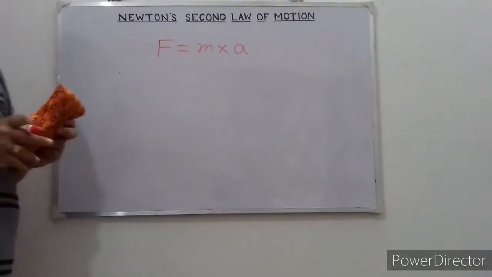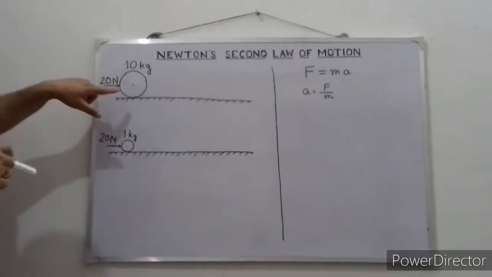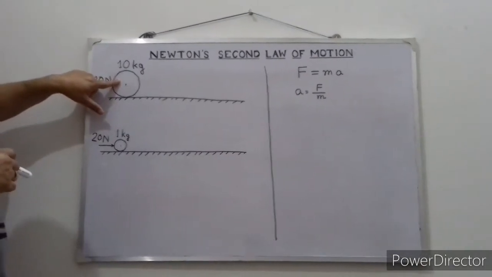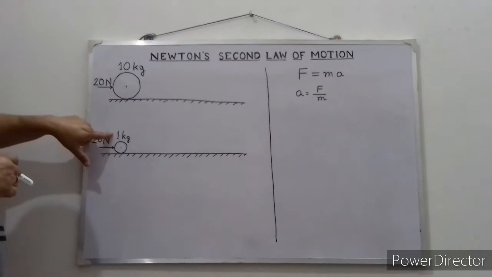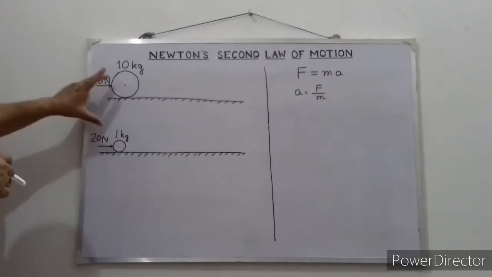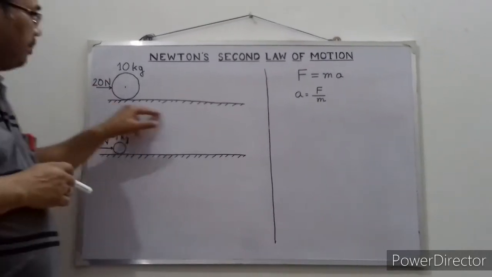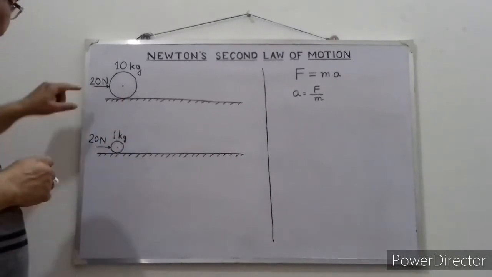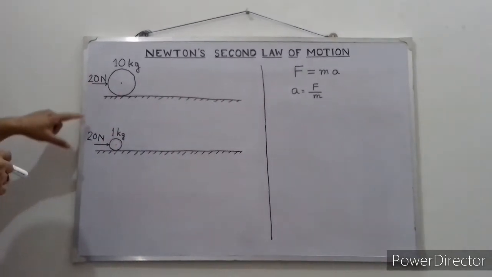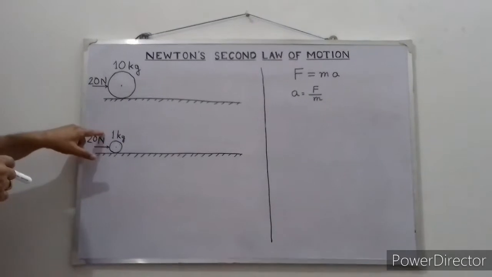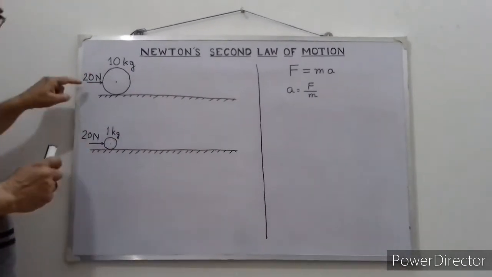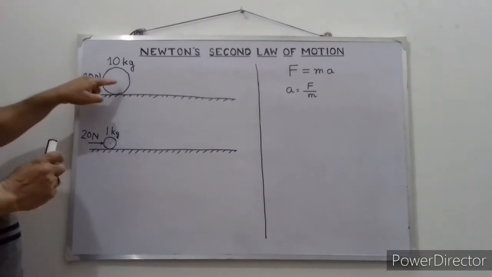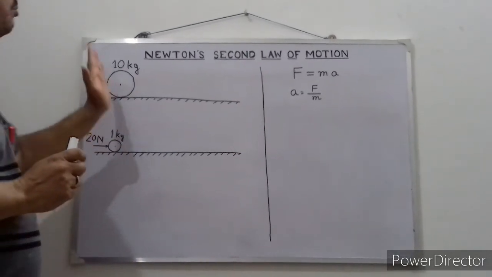Okay. Now let us consider two objects. One is bigger, its mass is 10 kg, and this object has mass 1 kg. Both are kept on a plain smooth surface. And 20 Newton force is applied to both the objects in this direction. Now, if the force is same, which object will have more acceleration?